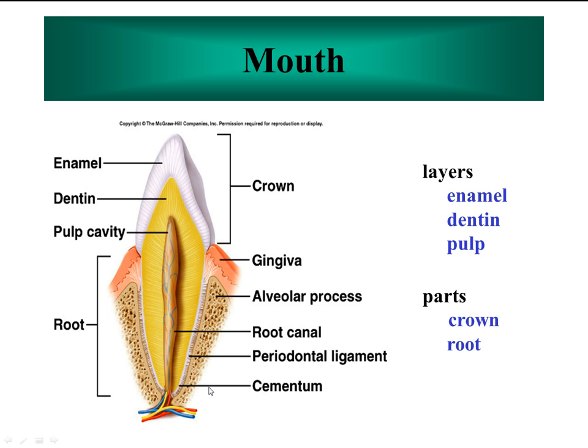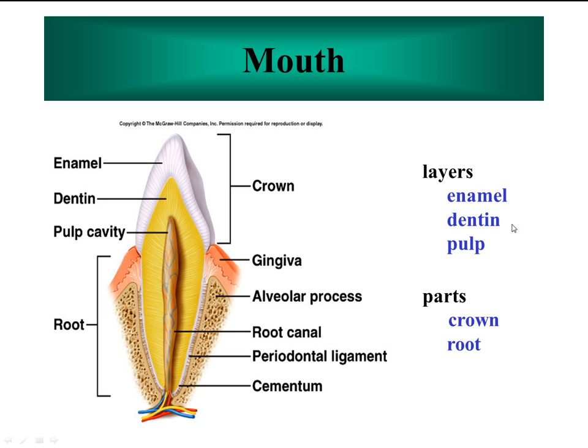The cementum helps to hold it into place and is the hard part of that tooth. And this is the root. So a root canal basically takes out the pulp cavity and the nerves and everything from that tooth, and that tooth will basically be non-living after a root canal.